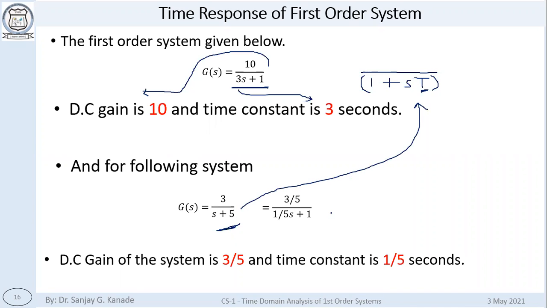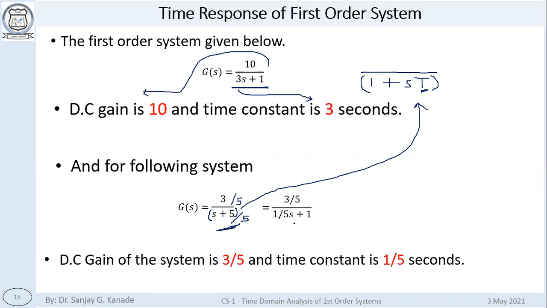I don't want this in s plus 5 form. I want it in the form 1 plus s into something. For that, we divide numerator and denominator by 5, and we get 3 by 5 upon 1 by 5 s plus 1.